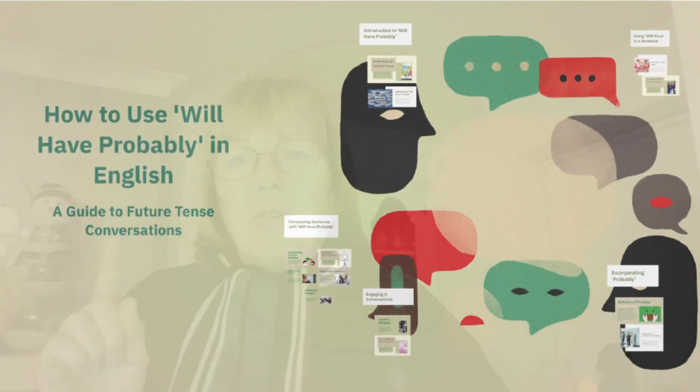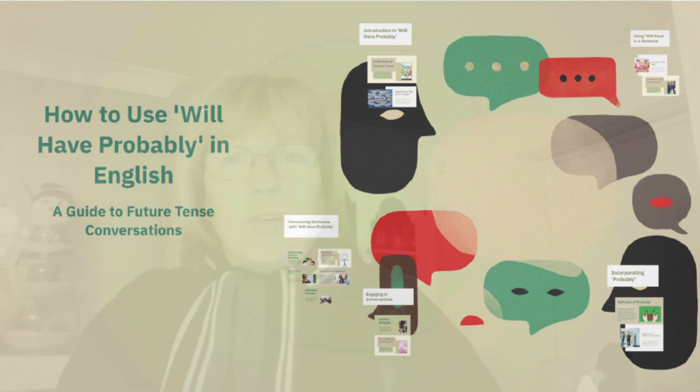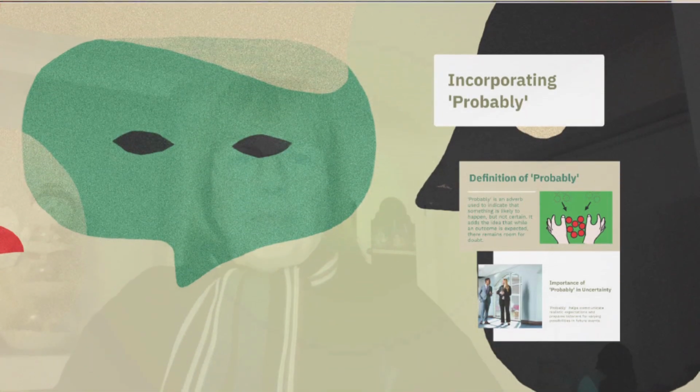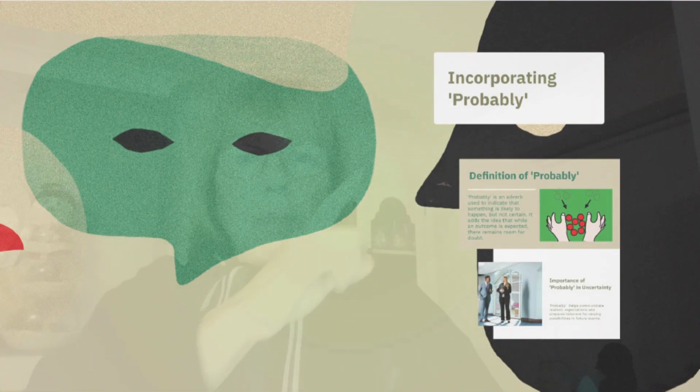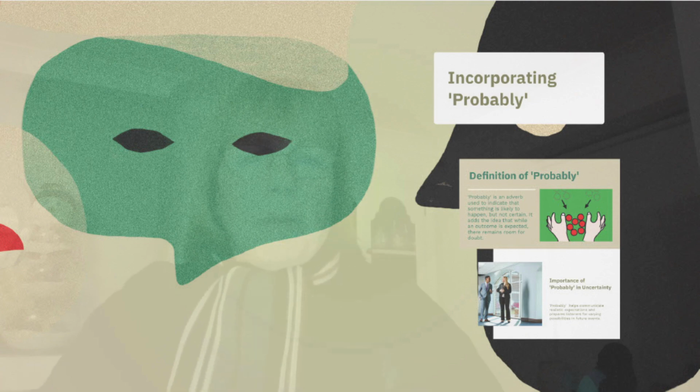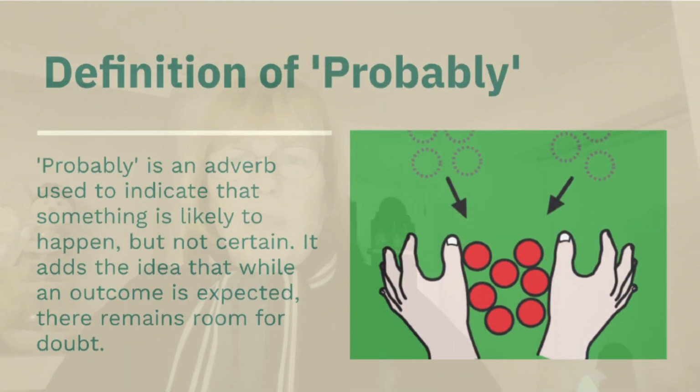So make sure you know how to use will have with the word probably, because we use this a lot in English, don't we? So when you're thinking about probably, let's have a look at what that word probably means. So probably, very important to know, it's an adverb.